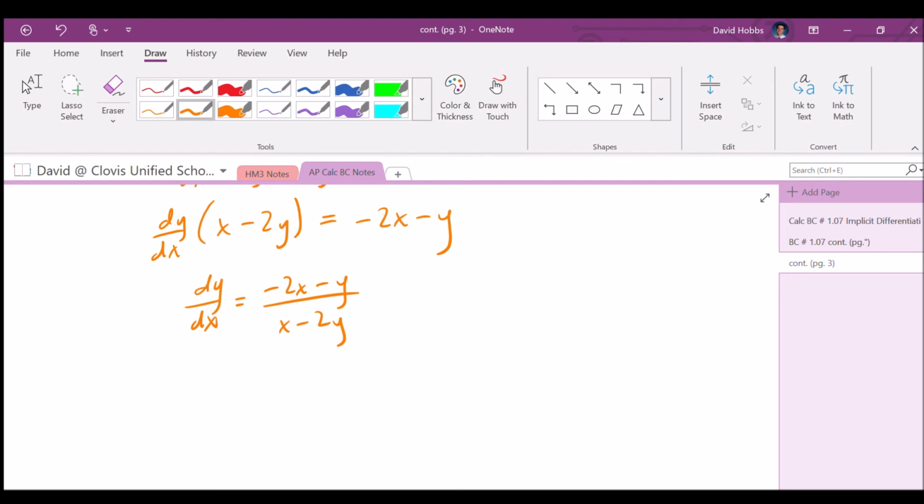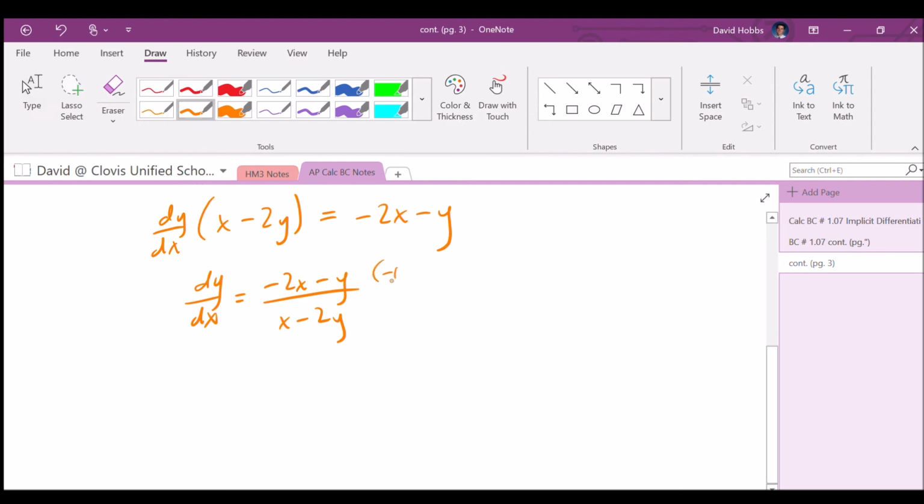So since it's a fraction, I could multiply top and bottom by -1. So if I multiply top and bottom by -1, I'm not changing the value of the original problem, but I am changing what it looks like. And so I get 2x plus y all over -x plus 2y, or 2y minus x.